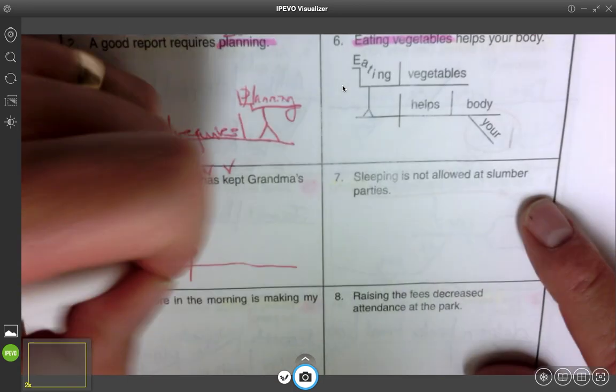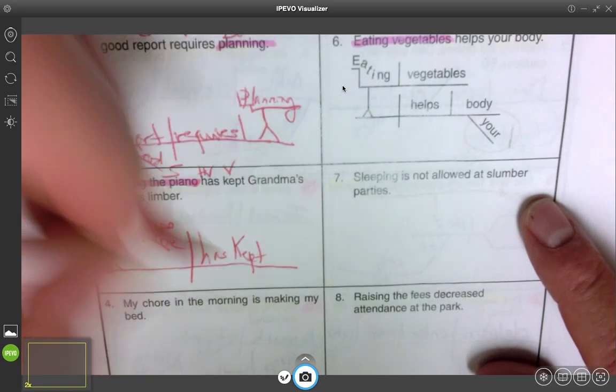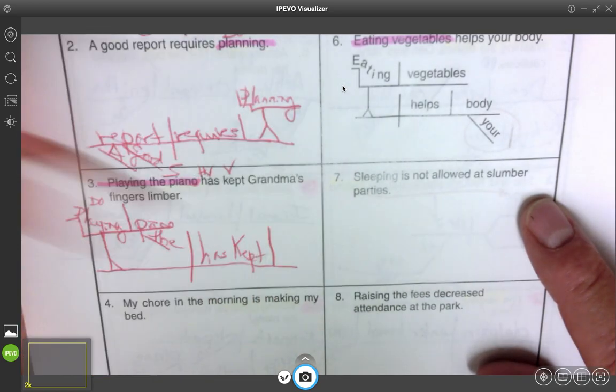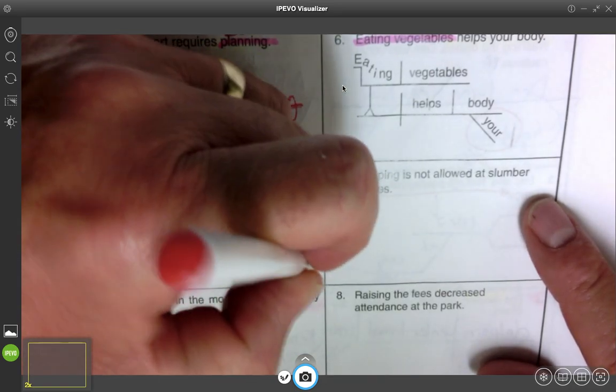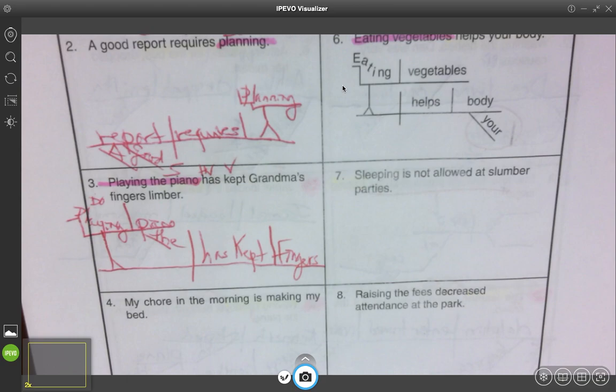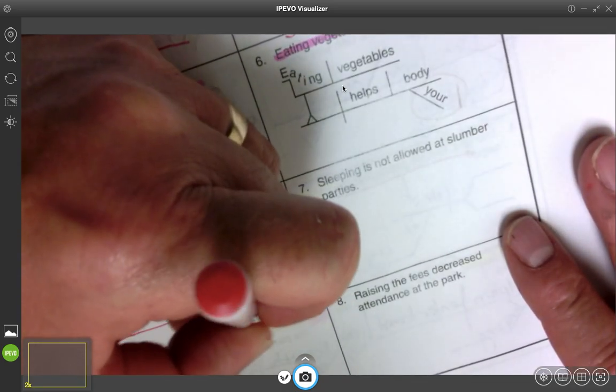I have a helping verb, has, kept. Yesterday we talked about not separating them, rather keeping them together. Has kept what? Fingers. How, when, or where?